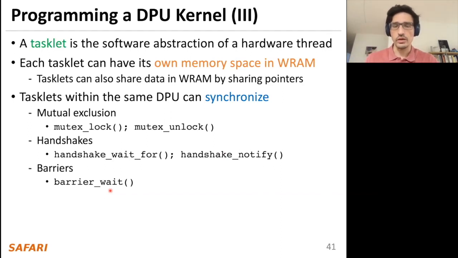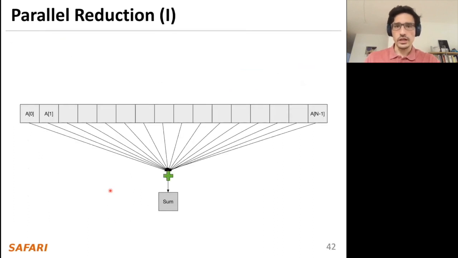This is a very useful way of synchronizing and making sure that, for example, certain data that they all will need to use is already loaded into WRAM, or some intermediate results are already stored in WRAM. And finally, semaphores, which are another way of synchronizing access to common resources. Okay, let's take a look at one example of how to use some of these. In particular, we are going to focus on how to use the barriers.